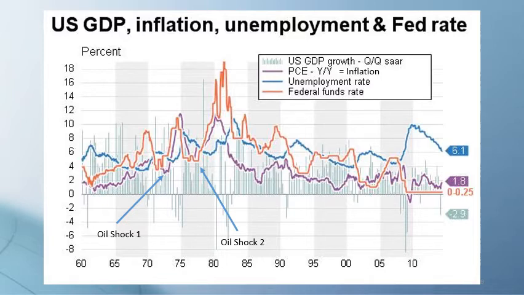So, pointing to the 1970s stagflation and saying that this proves that counter-cyclical deficit spending and full employment as a policy goal triggers inflationary spirals, it just doesn't fit the data, right? It doesn't fit the timing of it.